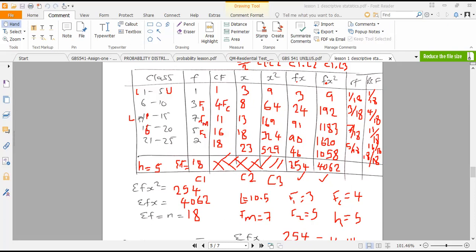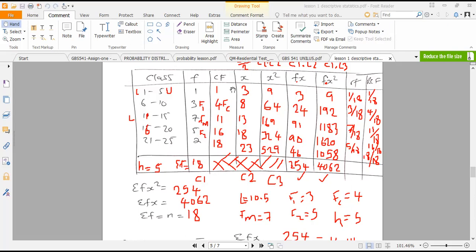But sometimes, most often or coincidentally, after finding your Fm, your F1 is there, your F2 is below there, then next to the F1 is your Fc. That is usually the case, but what I mentioned is the safest. Half of 18 is 9, so you look for a number which is equal to 9 or first exceeds 9.